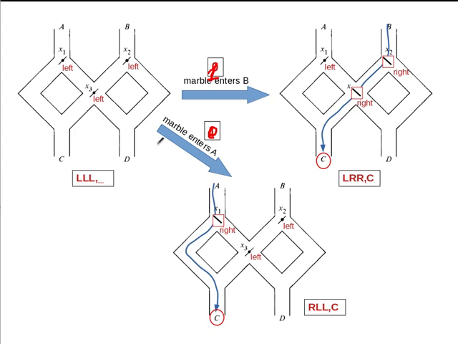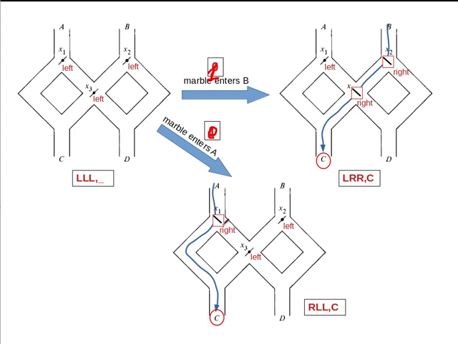So anyway, if you put a marble at A from this configuration, it will come here and then take this path, because the switch is set this way. But since it hits this lever, the lever will get switched.